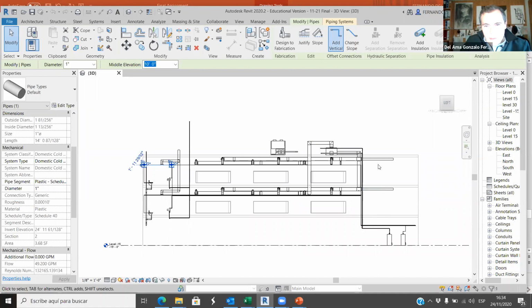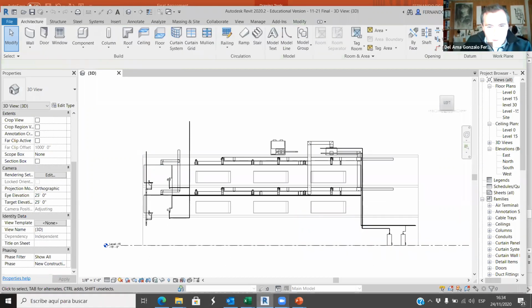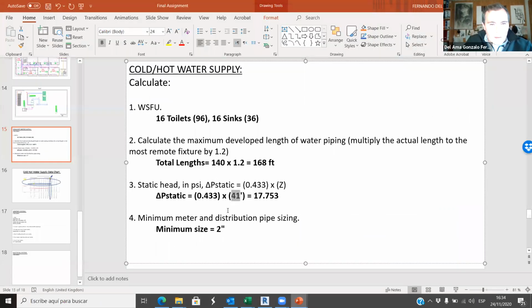Yeah, because this is 15, this is 30. So it can be 41. Okay. And then you have to multiply this times 0.433, and your static head is 17.75. Okay, with the total fixture units, you have to add up these fixture units.